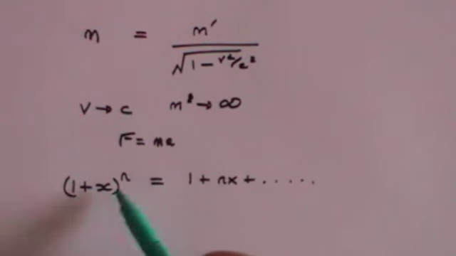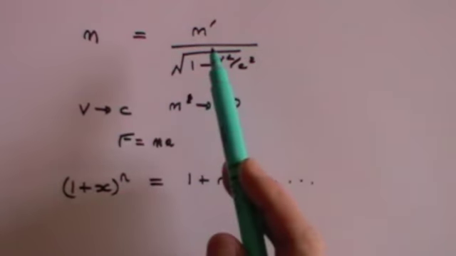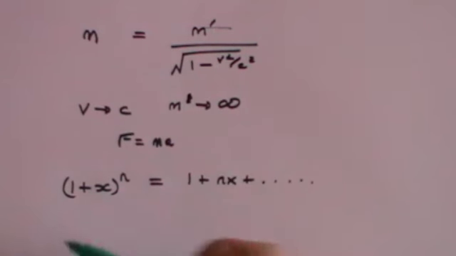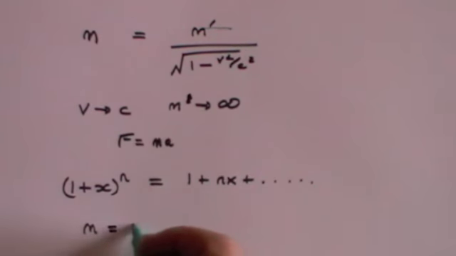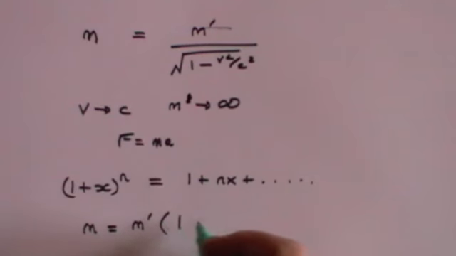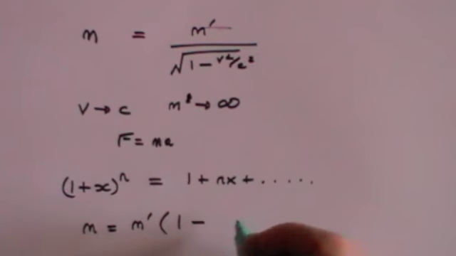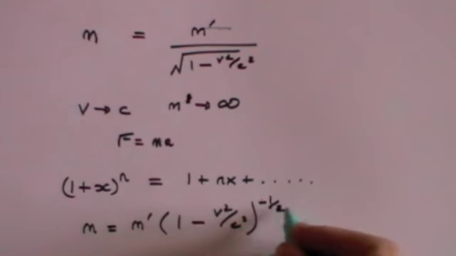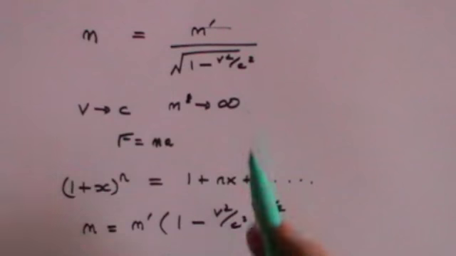If we take this approach and we subject it to this here, this formula reduces to m equals m prime into 1 minus v squared over c squared to the minus a half. Minus a half essentially means 1 over the square root of this term.